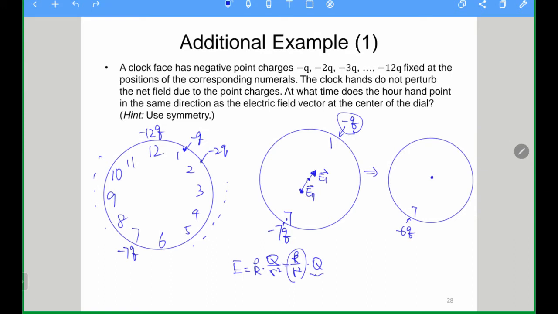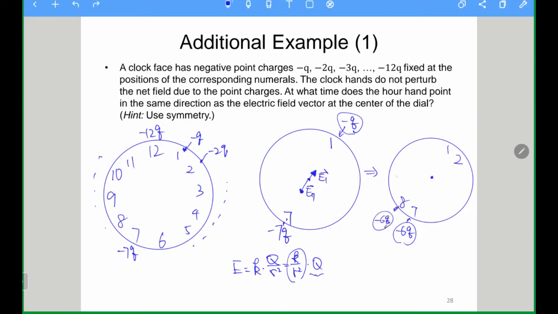We don't have a charge at 1 because it is cancelled with the corresponding negative Q. Similarly, for 2 and 8, negative 2Q and negative 2Q will cancel, leaving negative 6Q.